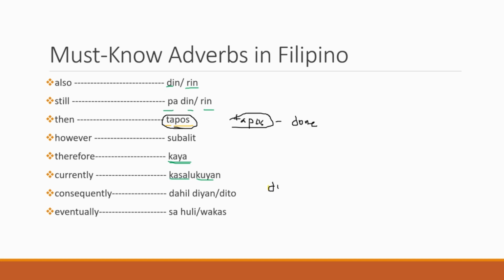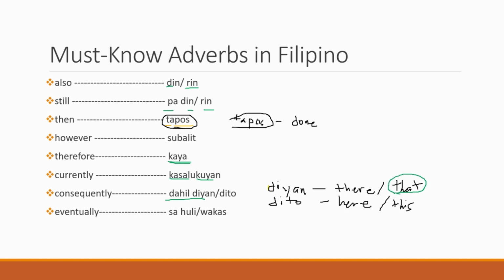By the way, dyan means there, or that. Dito means here or this. So, in this type of adverb, dahil dyan, it means that.